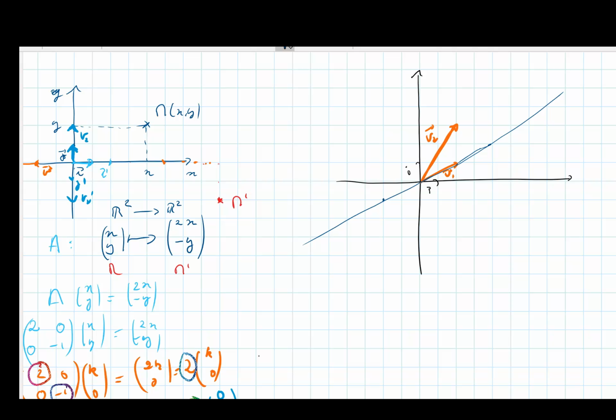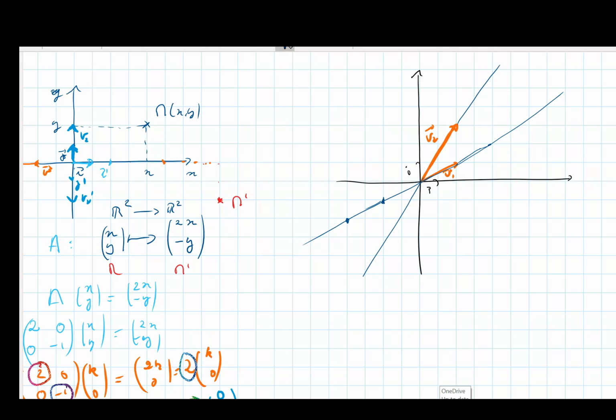So if I take this point, it should be sent to that one. Very similar to the other one, except that instead of getting the original ij direction, I want some other directions. Let's say my first direction is going to be that one, and my second direction would be this one.